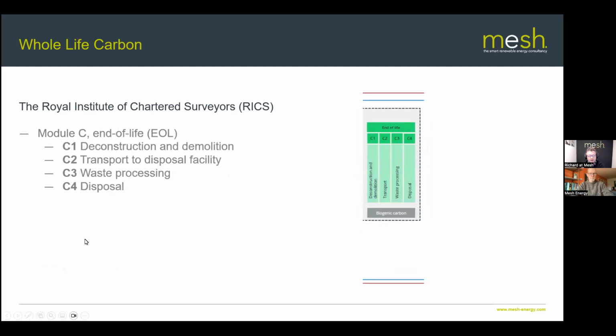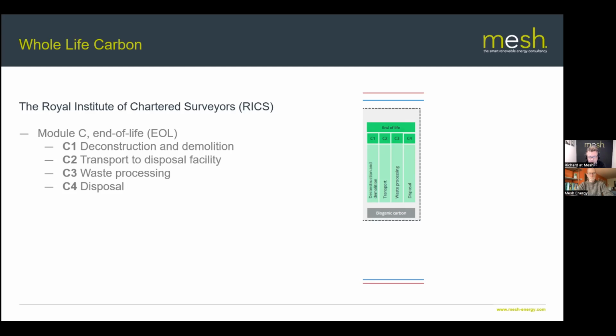And then we get the end of life. This includes the deconstruction and demolition activity. There's site activity, so there's a carbon footprint associated with that. There's a transport to the disposal facility allowance that can then be calculated, so the more local the waste processing, the better.